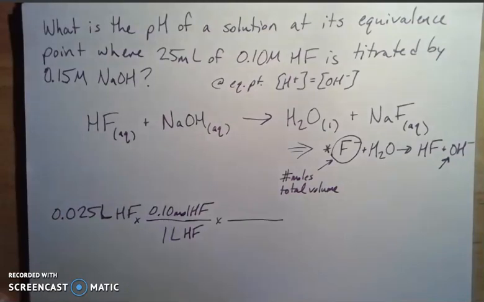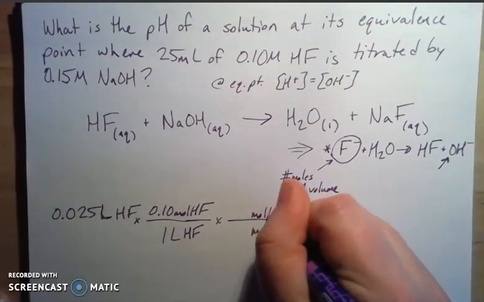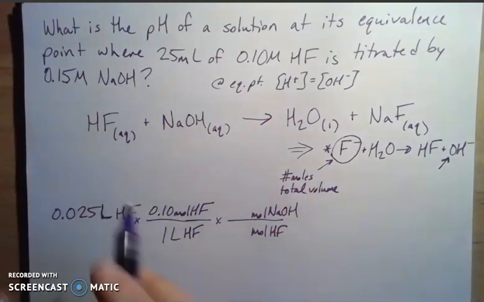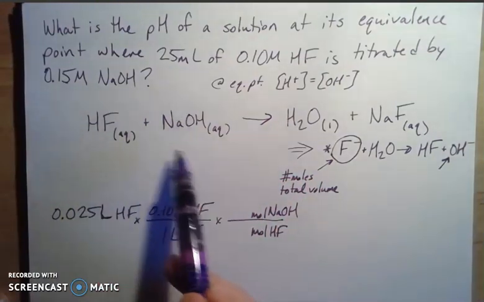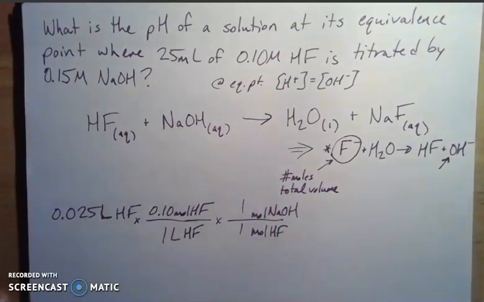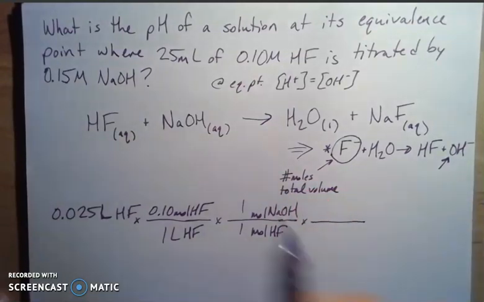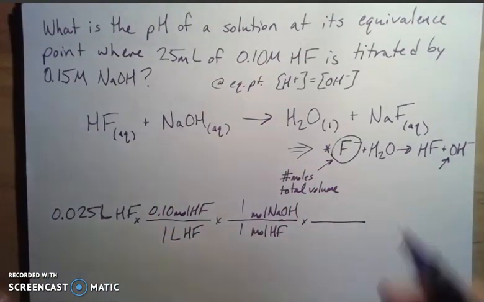I'm given a concentration that gives me moles, so I need to figure out what my molar ratio is between my two. It's a monoprotic acid with a base that just has one hydroxide to give, so it's going to be a 1-to-1 ratio. And then I know my concentration of my sodium hydroxide because that is given.